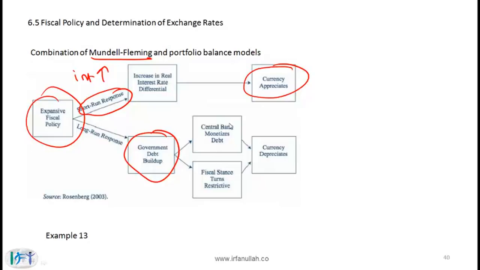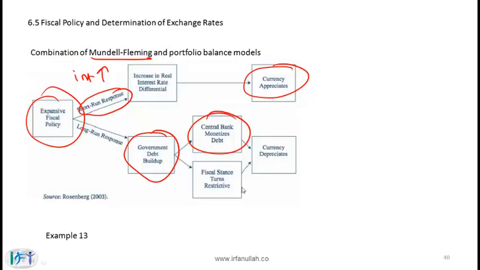One is the government or the central bank can monetize the debt. This means the central bank can just print more money or increase the money supply to pay off the debt. And when there is an increase in the money supply, the currency will depreciate.